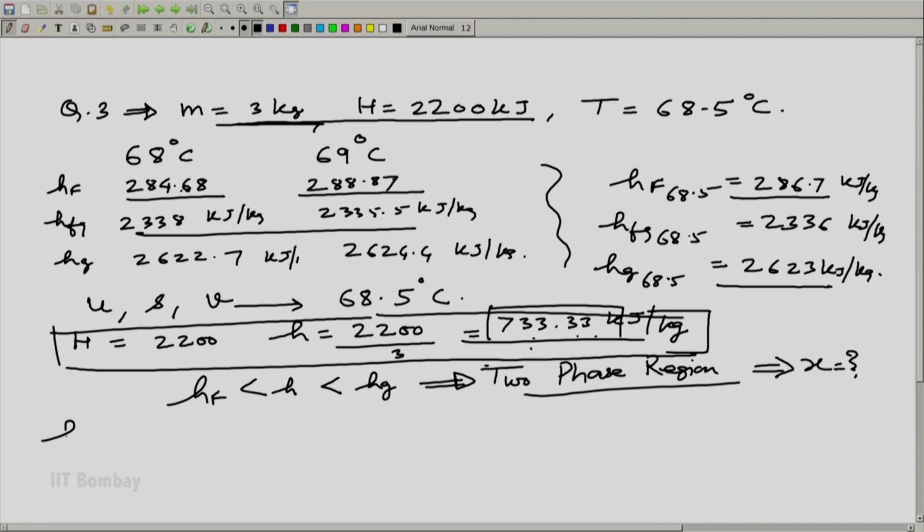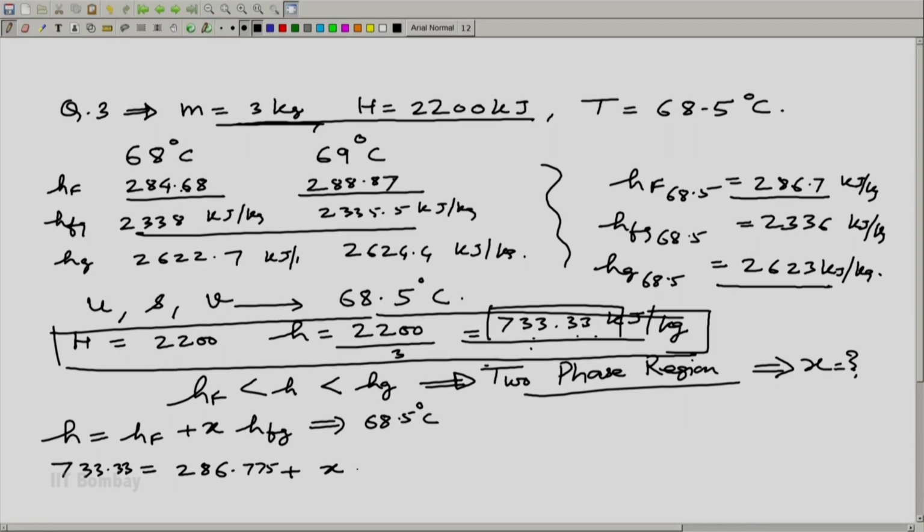I can get the value of X as H is equal to HF plus X times HFG, and this has to be done at 68.5 degrees centigrade. So, 733.33 is equal to 286.775 plus X times HFG, which is what we have evaluated at 68.5, 2336.775, and from here I see that X is equal to 0.1911.